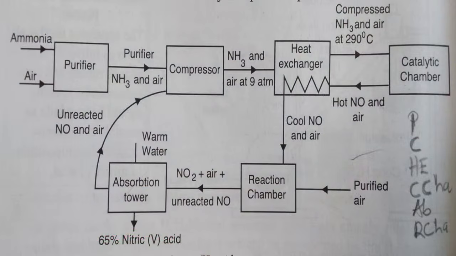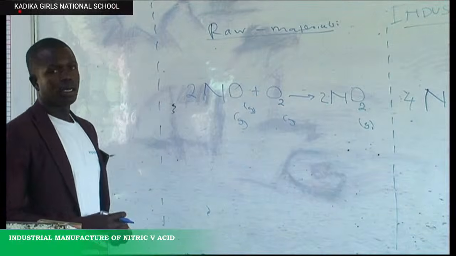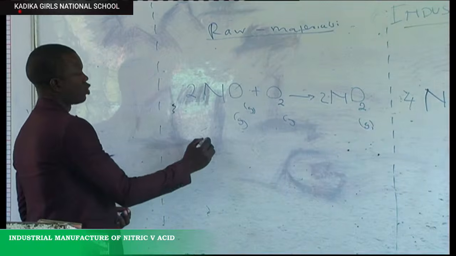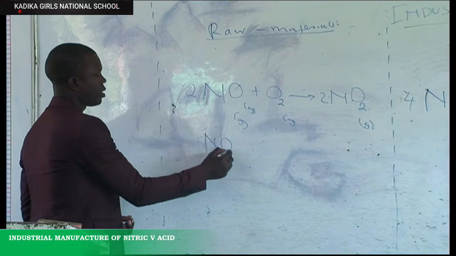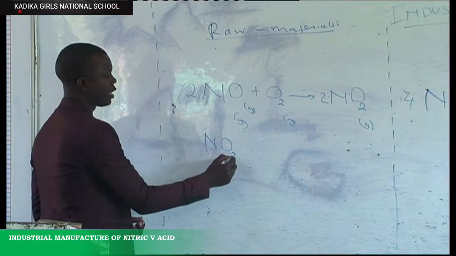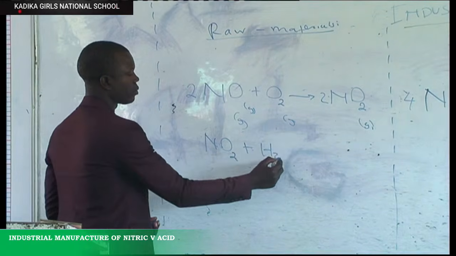And we cannot just react nitrogen 2 oxide with water directly before oxidizing it to nitrogen 4 oxide, because nitrogen 2 oxide is only slightly soluble in water, but nitrogen 4 oxide will react with the water.